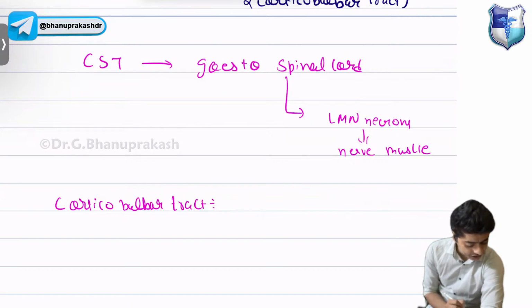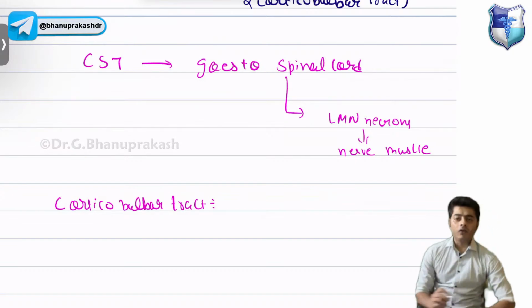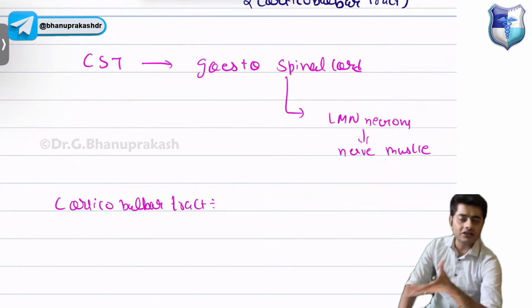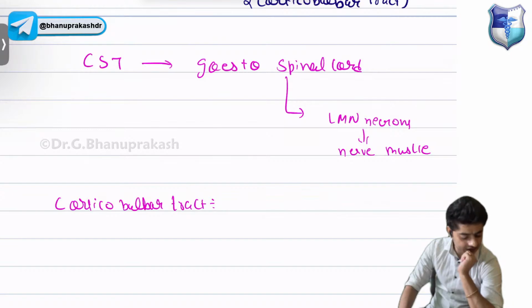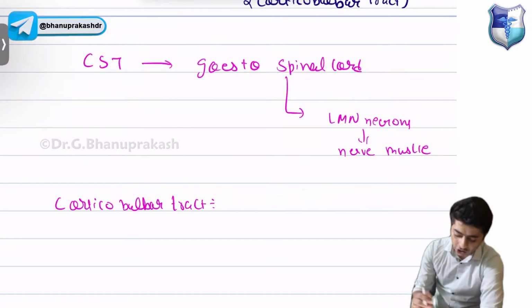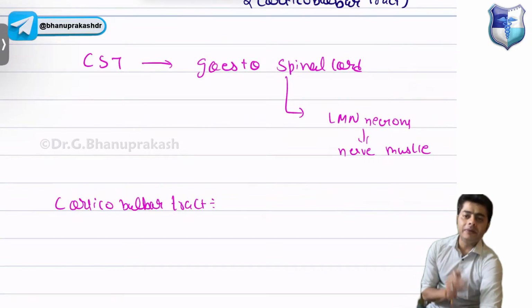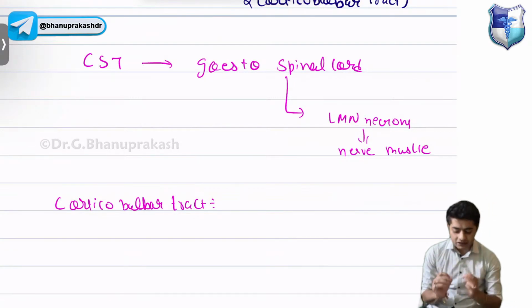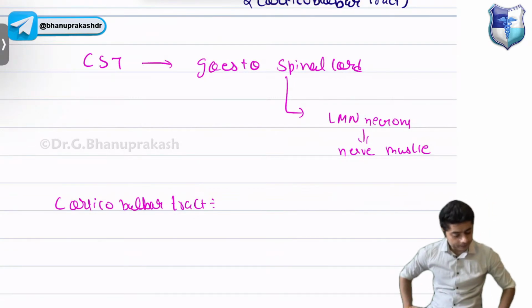Anyone can tell me in the comment section. We know the corticospinal tract helps us in controlling muscles and fine tuning of these muscles. But for which purpose has God given us this corticobulbar tract?